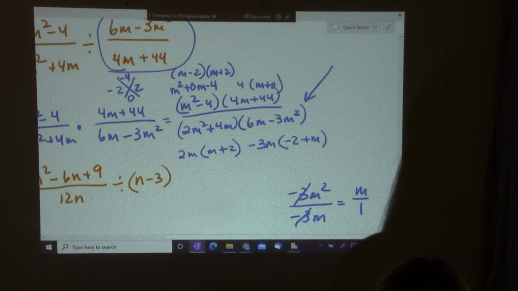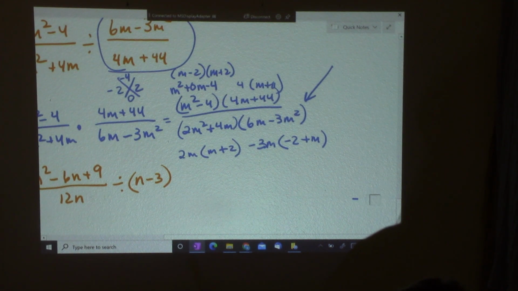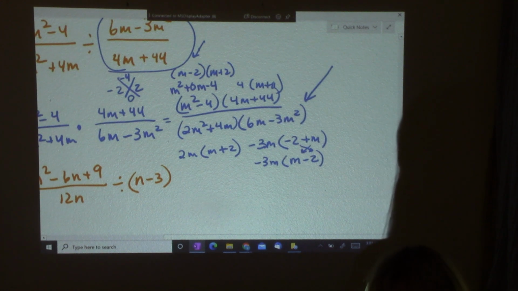Now, that's going to look like something I've already seen. I can change this around so that it's negative 3m times m minus 2. Do you see how I just switched the order from here? And now that looks like the one up here. That was the whole goal.